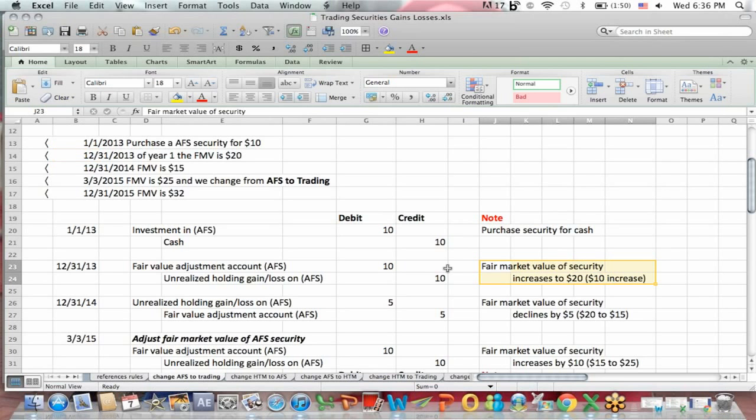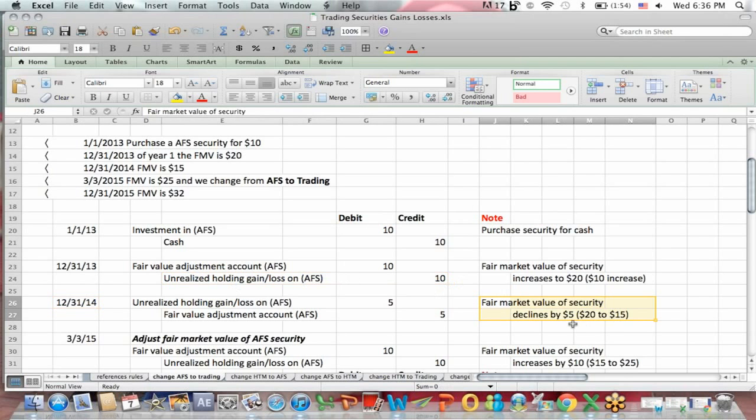Well, you can see that we do two things. We debit fair market value adjustment, and we have a credit, unrealized holding gain on AFS. You're going to see a T account at the bottom of the screen here to account for all these changes in fair value and unrealized gains.